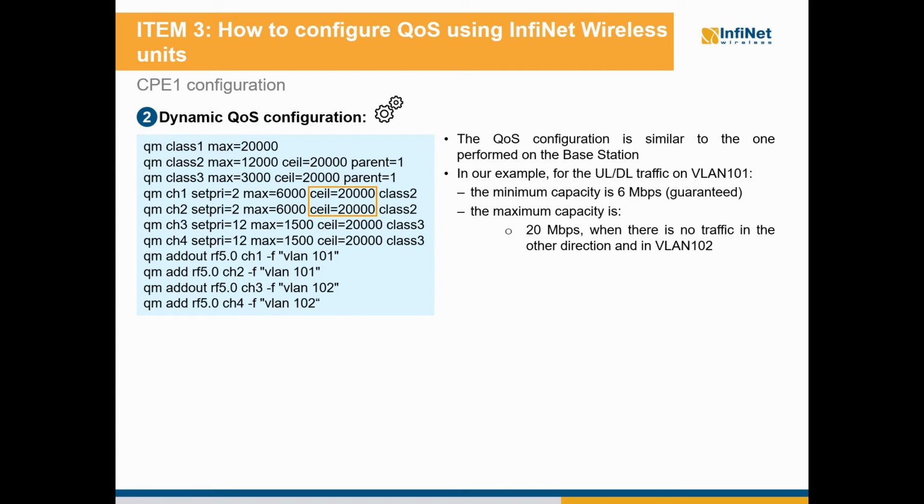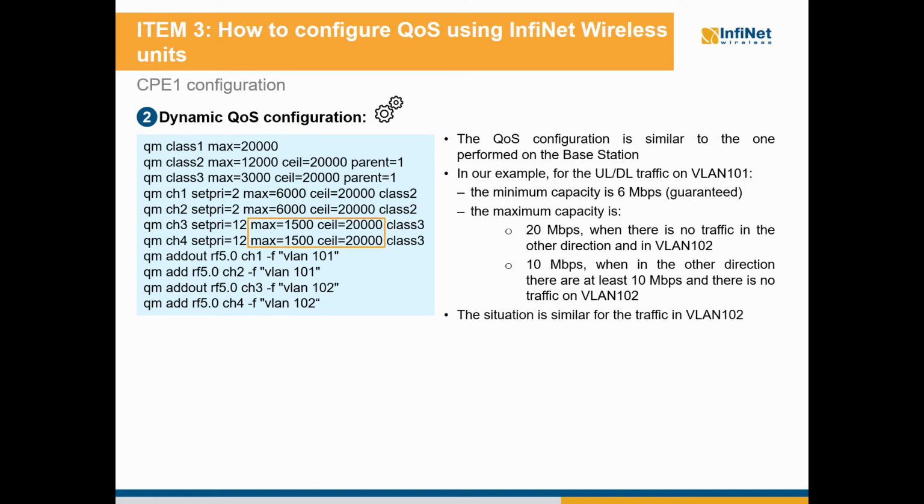The maximum capacity is 20 megabits per second when there is no traffic in the other direction and in VLAN 102, and 10 megabits per second when in the other direction there are at least 10 megabits per second and there is no traffic on VLAN 102 because of the 50-50 uplink-downlink ratio. I will show you a bit later how this works during the tests.